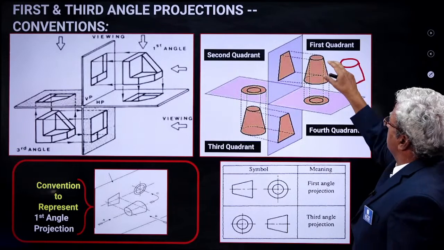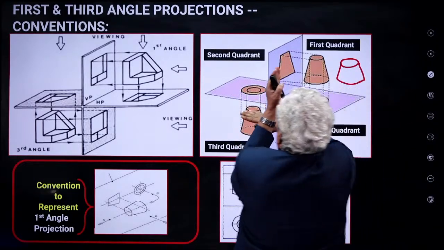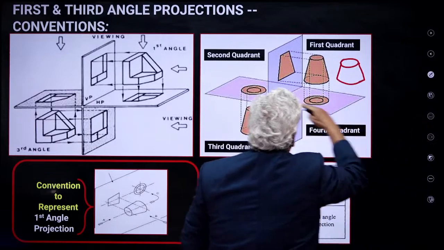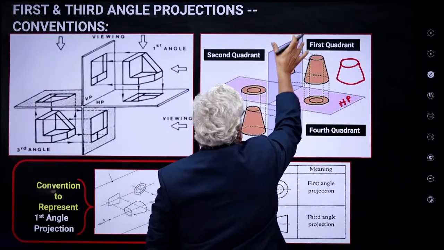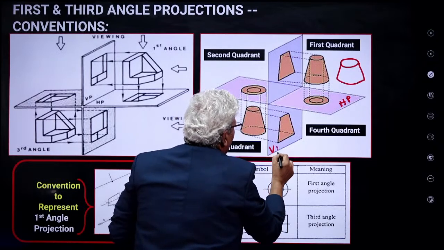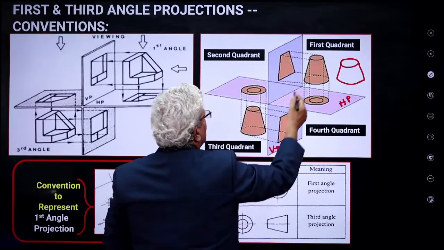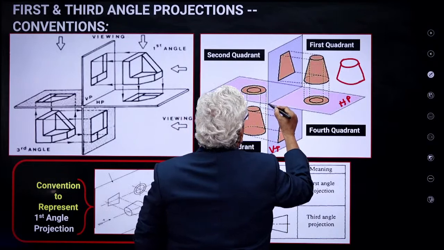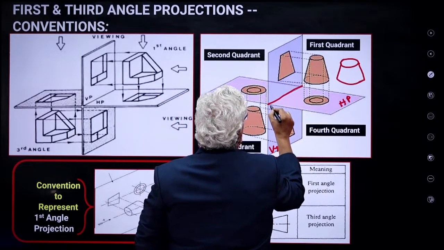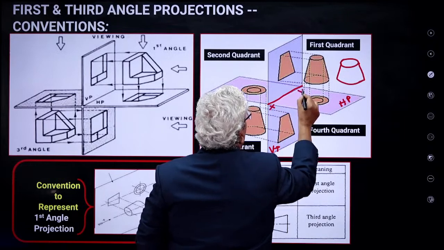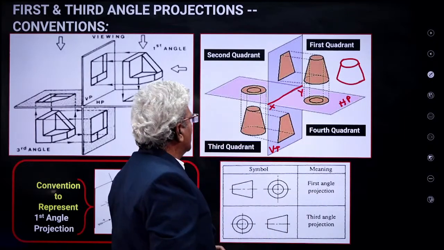So you just imagine there are two planes, a horizontal plane here. So this is the horizontal plane, okay? And this is the vertical plane. And both are intersecting at this point. So the intersection of two planes, in the drawing we represent it by ground line or XY line, okay?